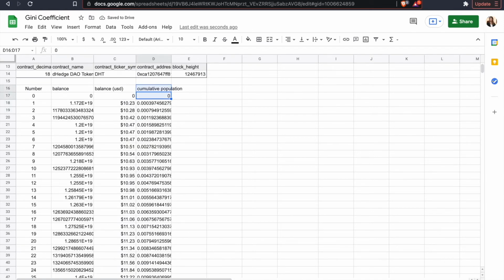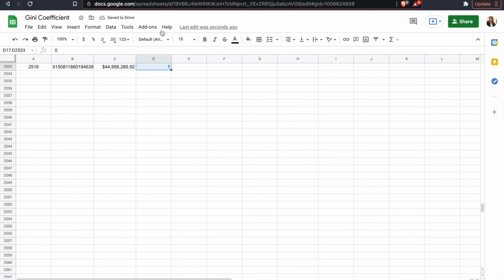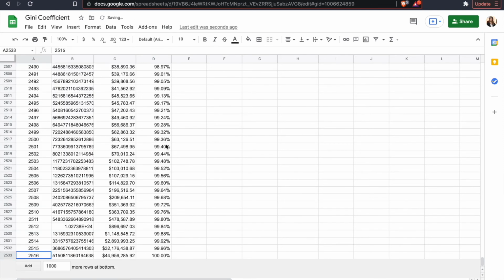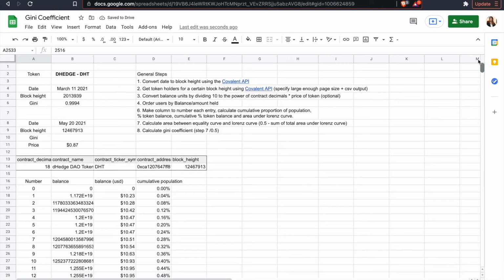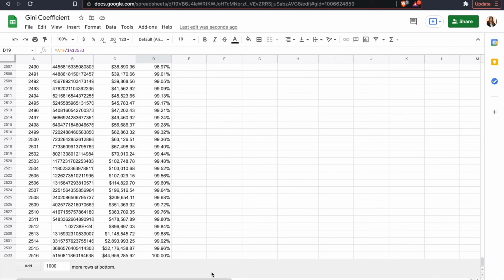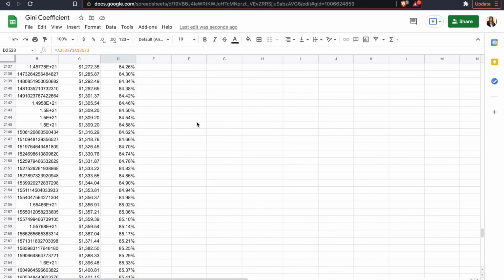So what this really means is, I'm going to delete everything from under. So what this means is this first person represents 0.04% of the population, 2 people represents 0.08% of the population, and so on, until you get the last one and it represents all 100% of the population. So this is the cumulative population.